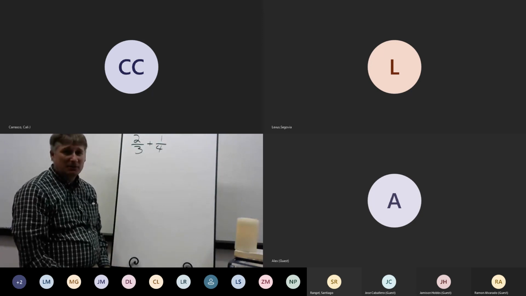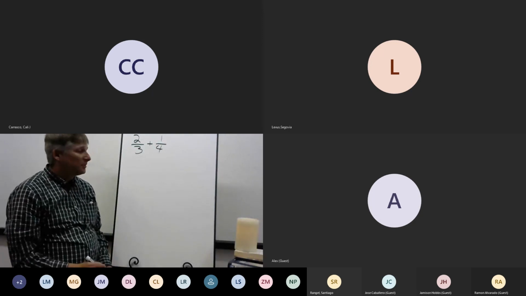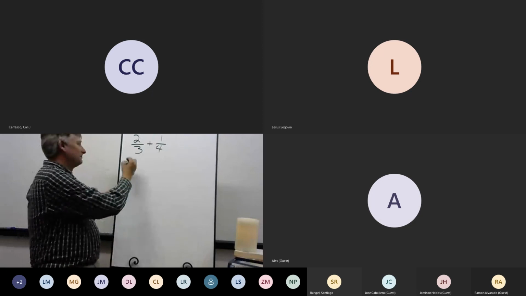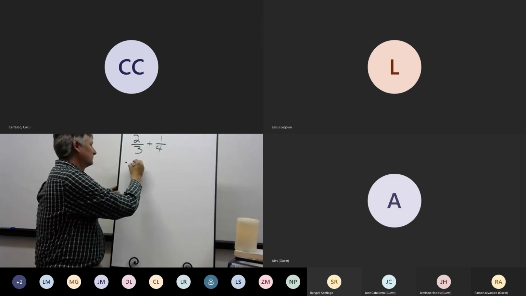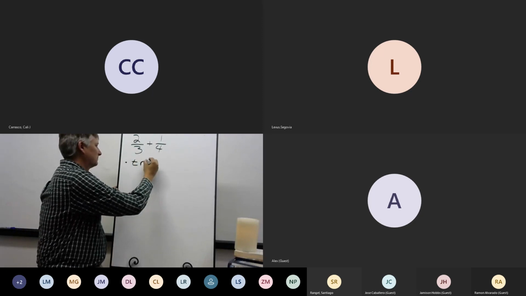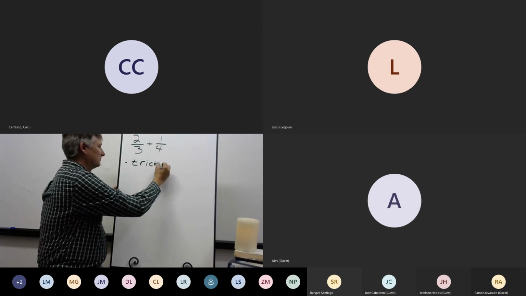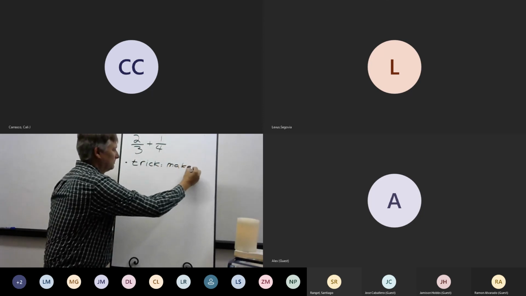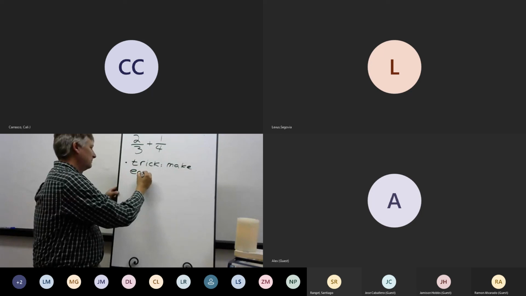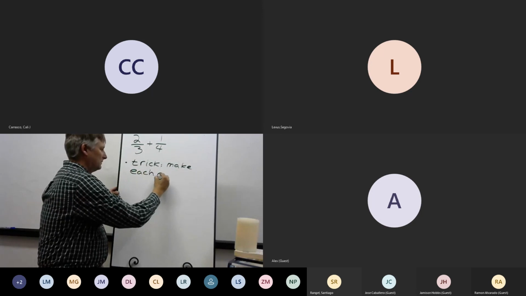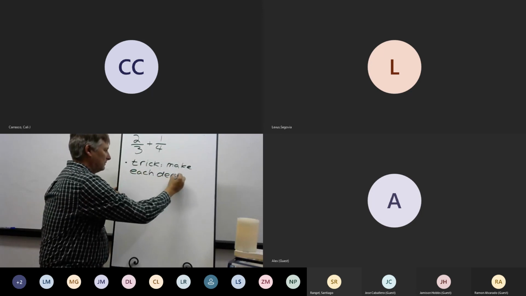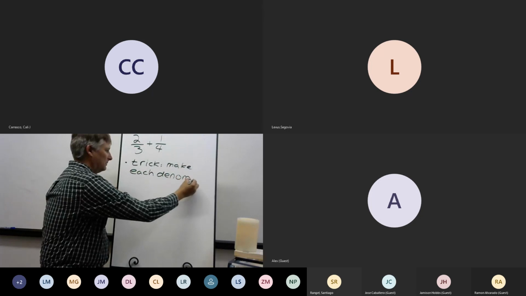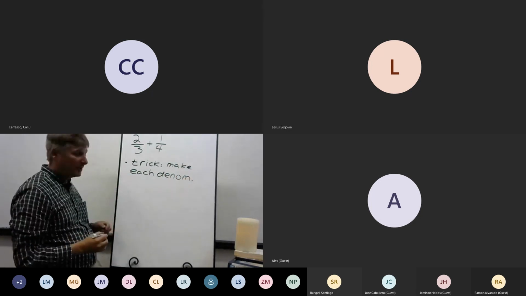Now we have different denominators. The trick is going to be this. I abbreviate denominators.